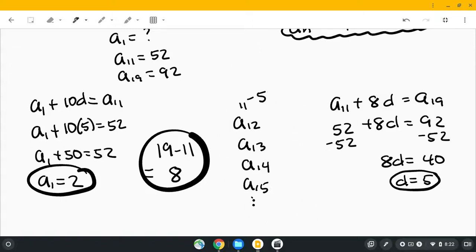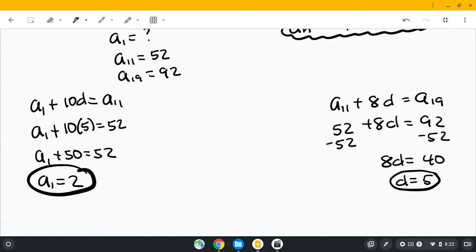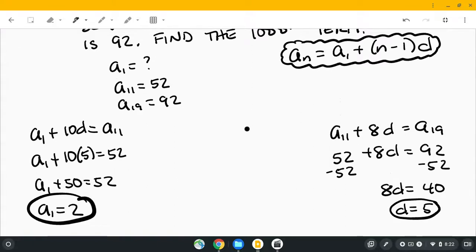You can always rewind. So really, this was the work. What happened was, between these two you added 8D, and between these two you added 10D to get there.